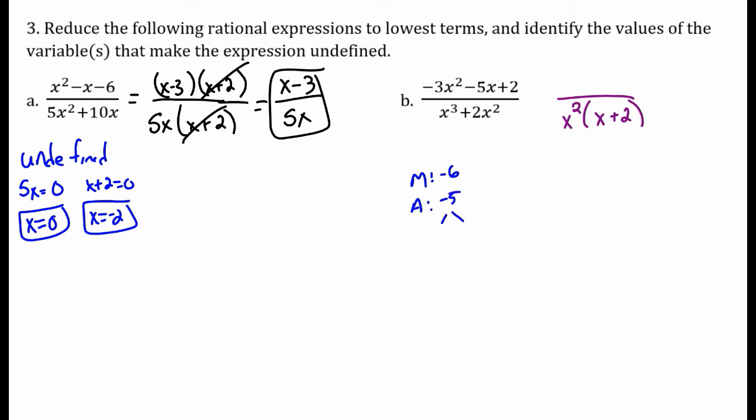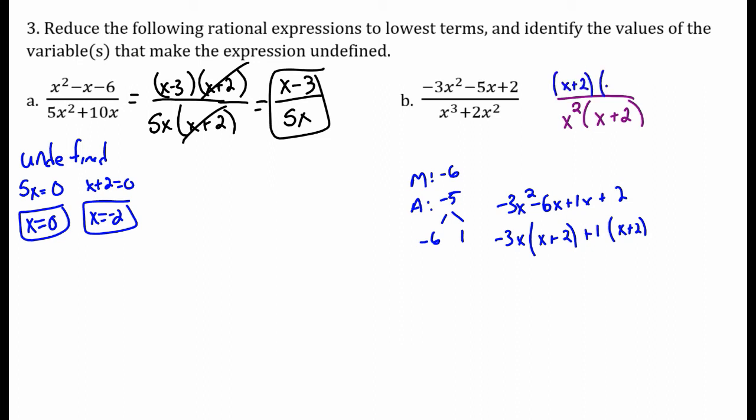Well, that's going to be -6 and +1. So I get -3x squared minus 6x plus 1x plus 2. I can take out a minus 3x from those two, and I'm left with x plus 2. If I need an x plus 2, I'm going to factor out a 1. So my factors are x plus 2 and -3x plus 1.